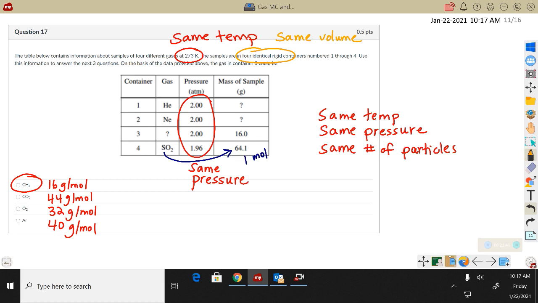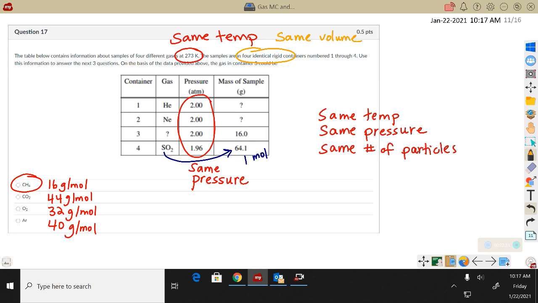And so then the only mass and identity that we knew was the SO2. And so I just looked on the periodic table and took the molar mass of SO2, and shockingly, it is 64, which is 1 mole. So if these gases are in the same container, same temperature, same volume, same pressure, they must have the same number of particles.